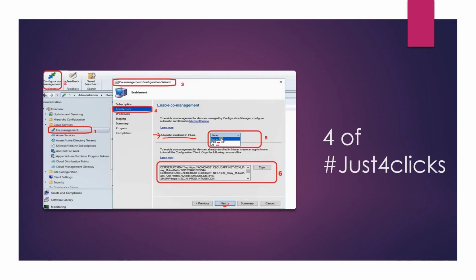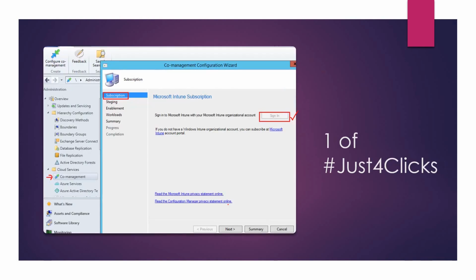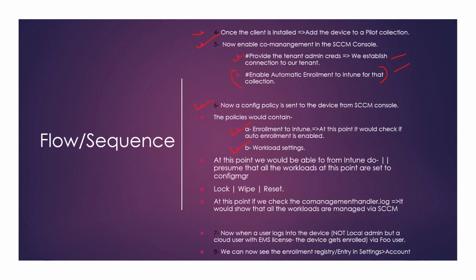They were not set in co-management. So that information is also going to travel in the configuration policy that SCCM is automatically going to create and deploy to the devices. Once that reaches the device, it is now co-managed. So at this point, the device is co-managed.